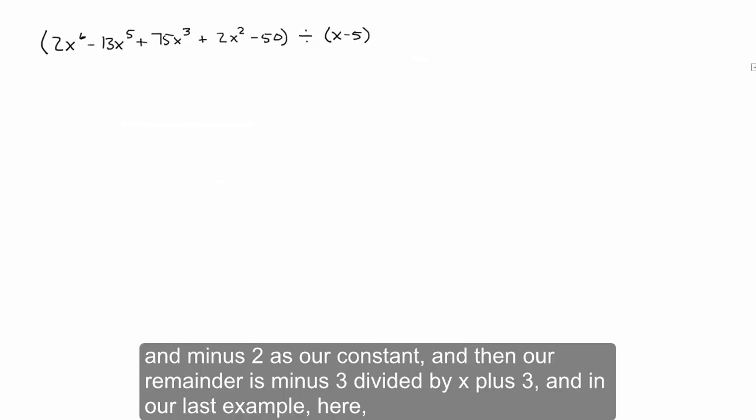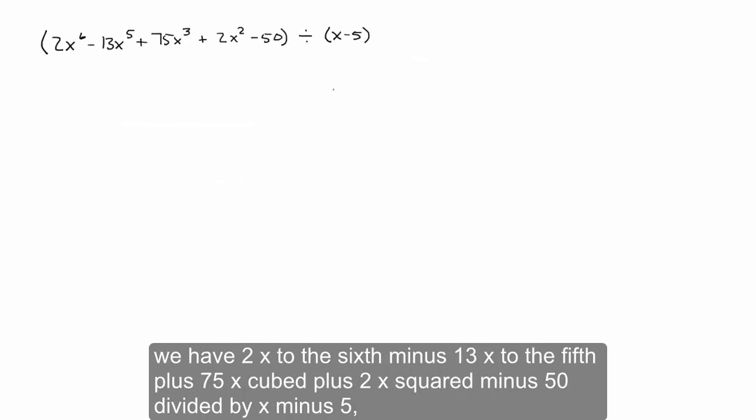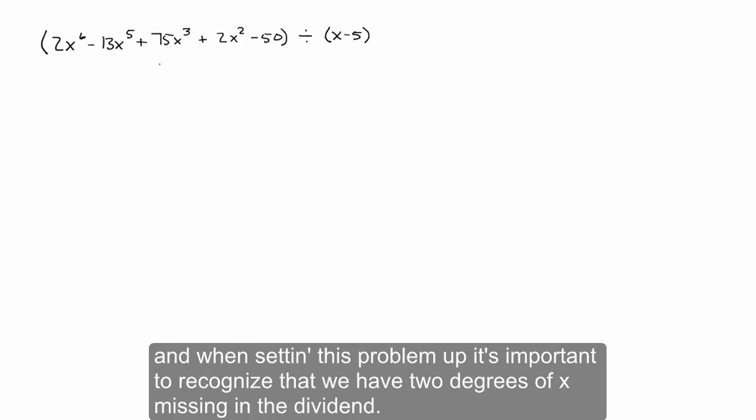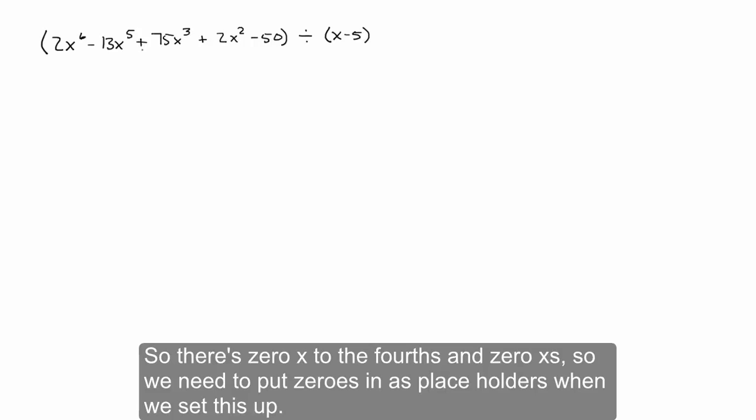And in our last example here, we have 2x to the 6th minus 13x to the 5th plus 75x cubed plus 2x squared minus 50 divided by x minus 5. And when setting this problem up, it's important to recognize that we have 2 degrees of x missing in the dividend. So there's 0x to the 4th and 0 x's.